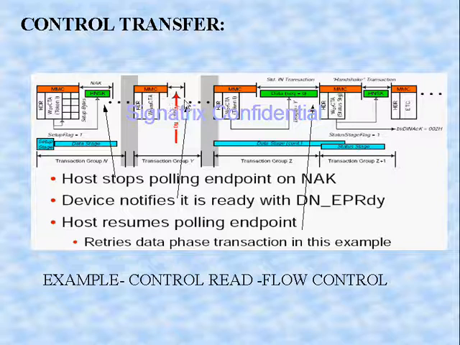Now the host will send the old data, that retried data here. Getting? So again the data stage is started here, and after that the status stage. So in the first phase, the host stops polling the endpoint on negative acknowledgement. After that, the device is notifying the host that now it's ready.